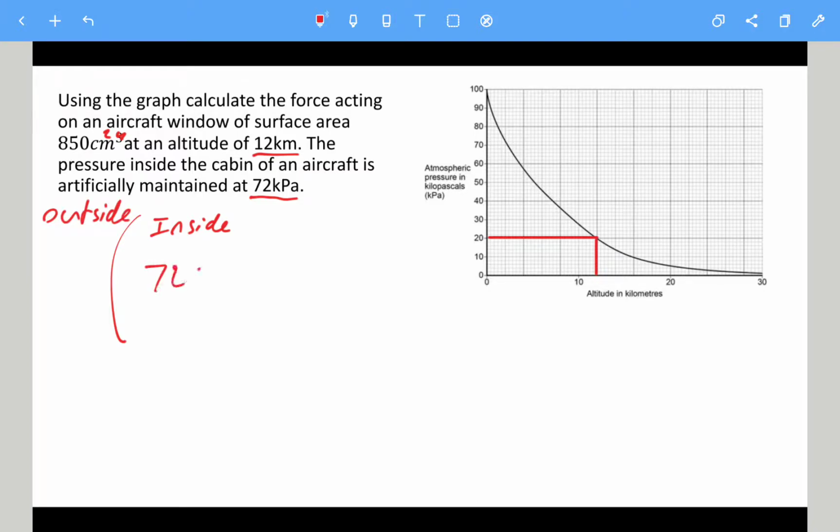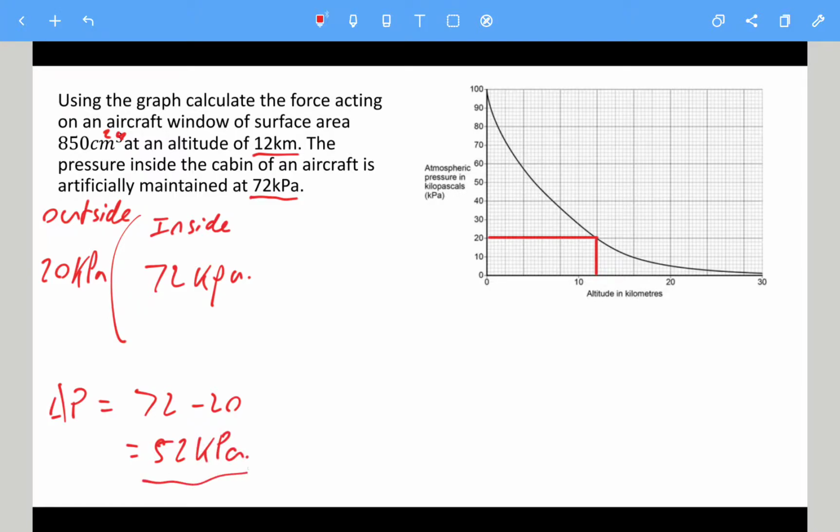So inside is 72 kilopascals, and outside is 20 kilopascals. So essentially what we're dealing with is the force because of the difference in pressure. The change in pressure between them, the delta, is 72 minus 20. That's 52, a difference of 52 kilopascals.